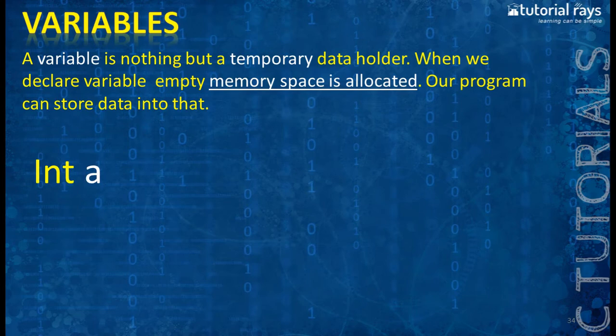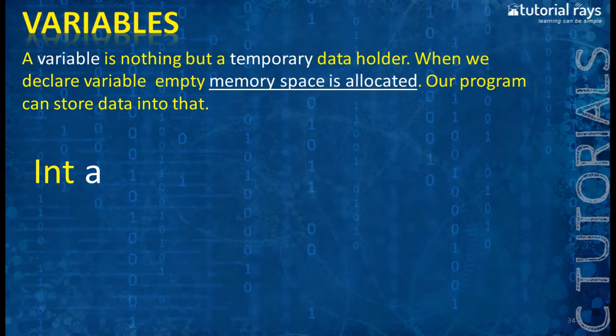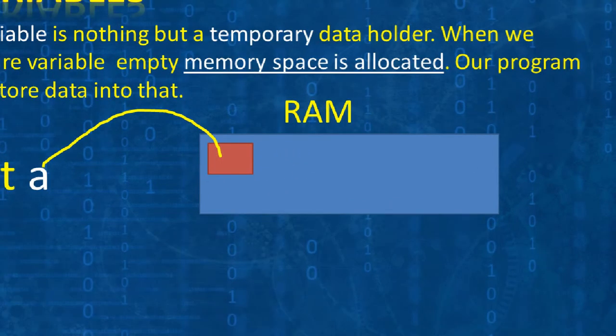Suppose you declare a variable, say a. This is the data type integer and this one is the variable. Now what happens? This is RAM, this gray area is memory or RAM.